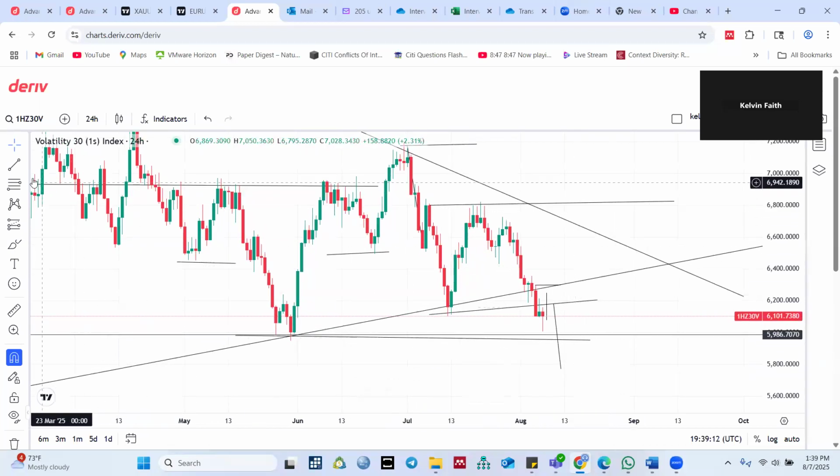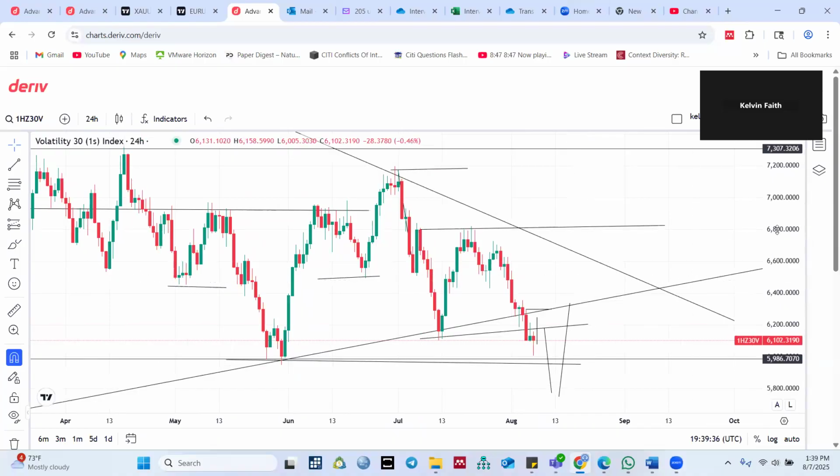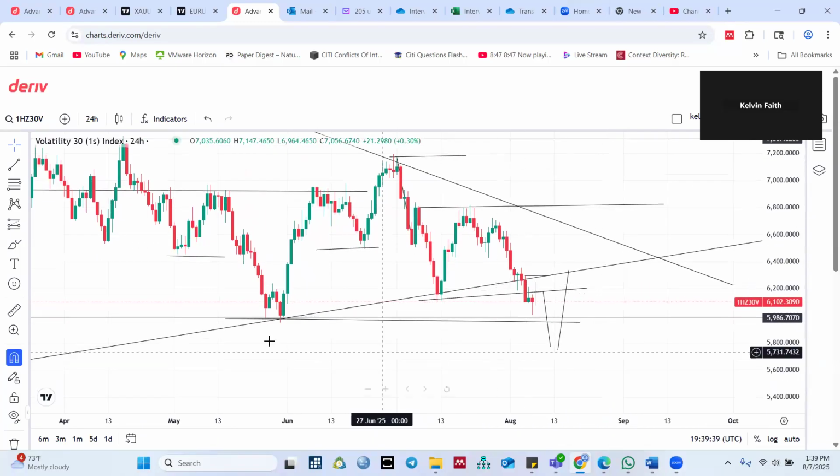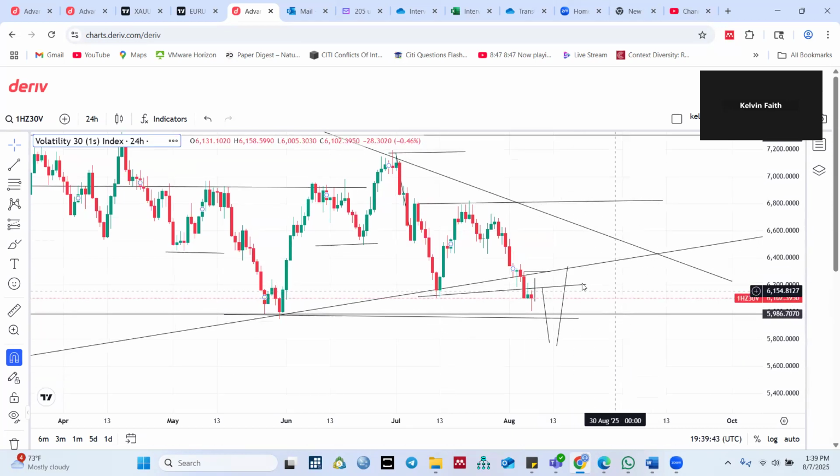So once we see price break all of this area and then move into the range again, takes this one out, moves into the range again.